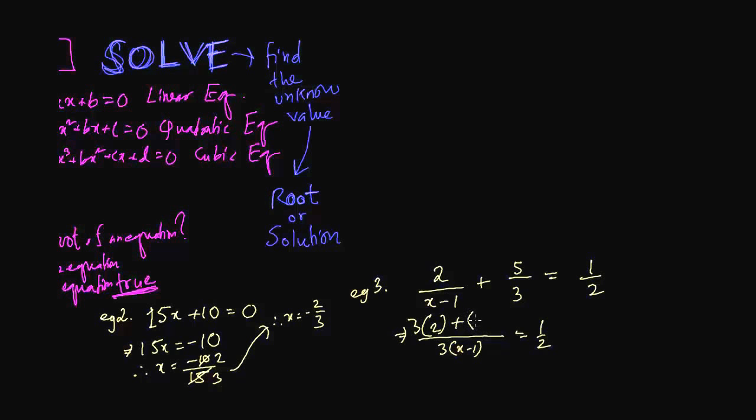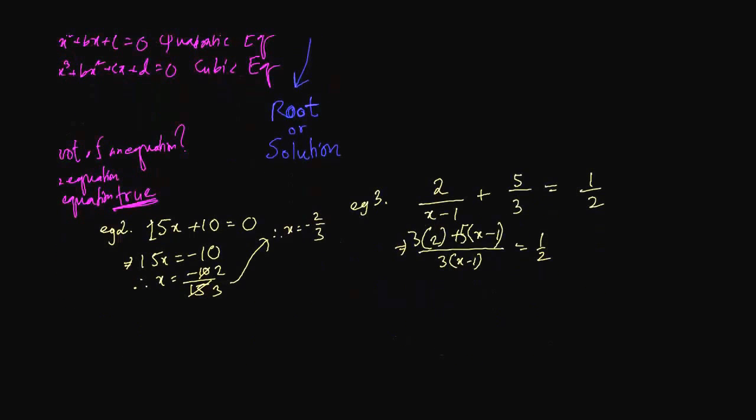So we can write 6, 5 into x is 5x minus 5, divided by 3 into x minus 3, equals 1 by 2. So 6 minus 5 is 1, so 5x minus 1 divided by 3x minus 3 equals 1 by 2.